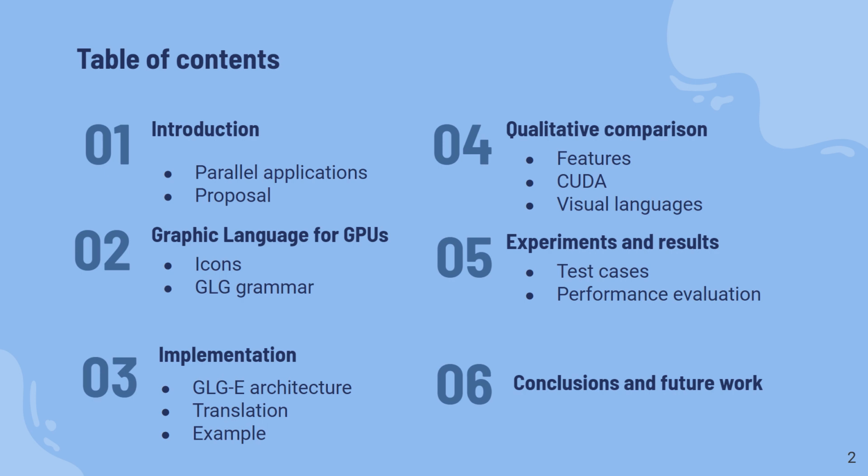Then I will show a qualitative comparison with textual programming and other visual languages. In the experiments and results sections, I will show two test cases to evaluate the performance of GLG against textual programming, to finish with the conclusions of the investigation and future work.